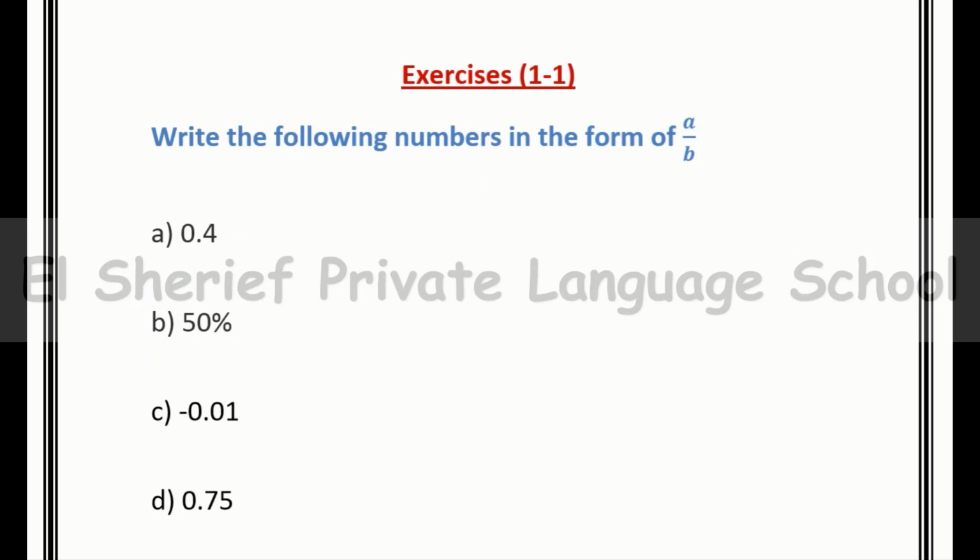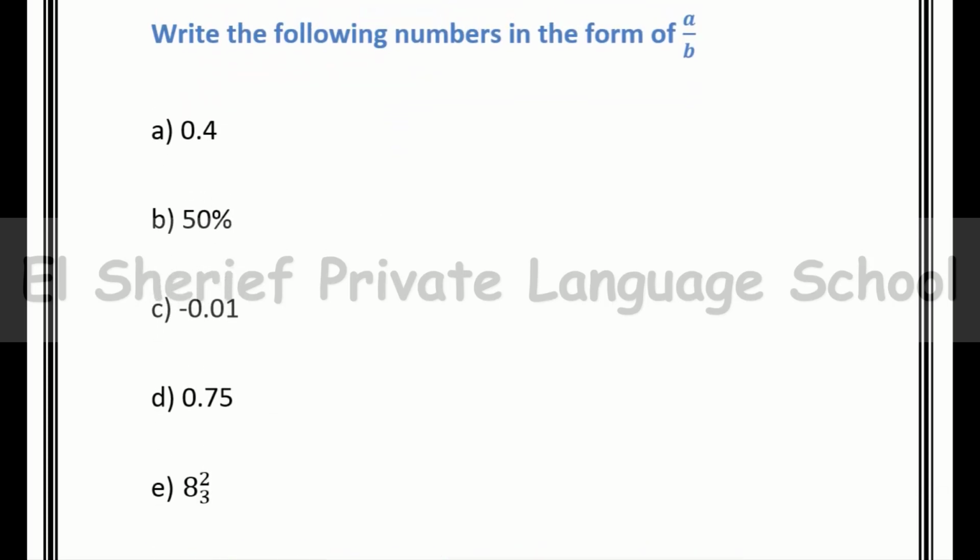Another exercise, write the following numbers in the form of A over B. As we said before, I have some different forms of the rational number, such as decimals and percentages. He wants me to get it in the form of A over B. He means the usual form of the rational numbers. Letter A, 0.4.